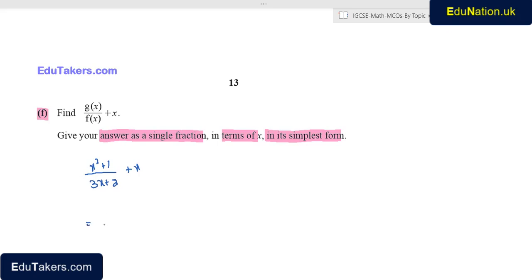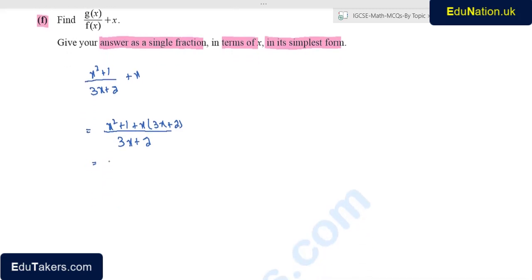Taking its LCM, that will be (3x plus 2)(x square plus 1) plus x into (3x plus 2) equals x square plus 1 plus 3x square plus 2x over 3x plus 2 equals 4x square plus 2x plus 1 over 3x plus 2.